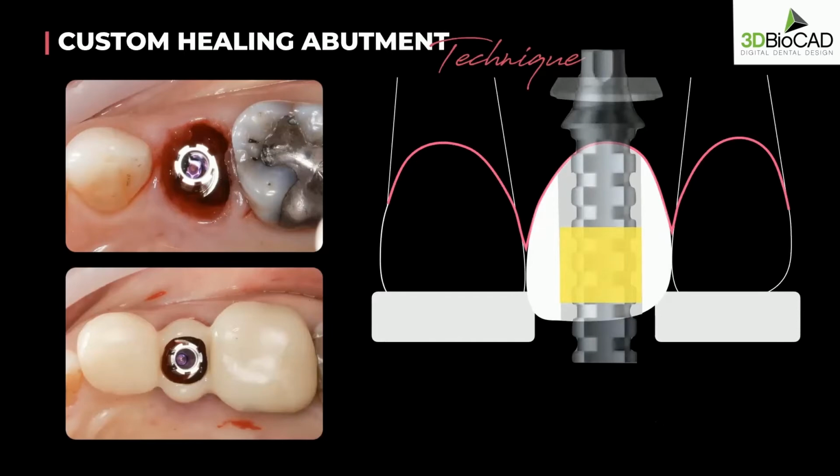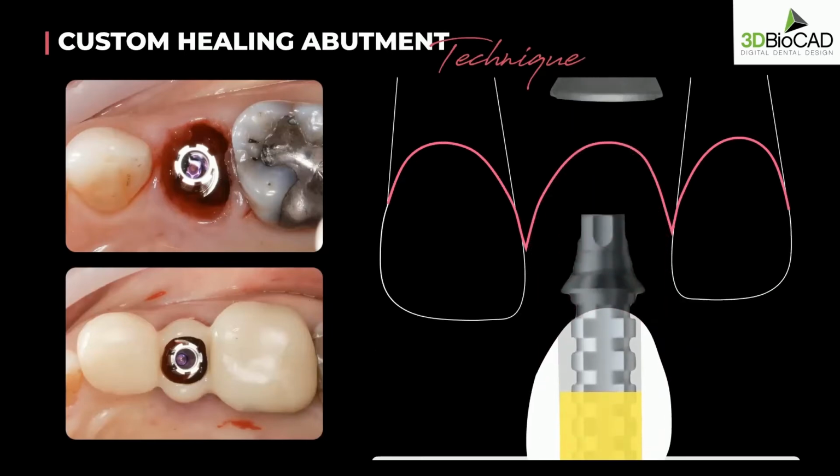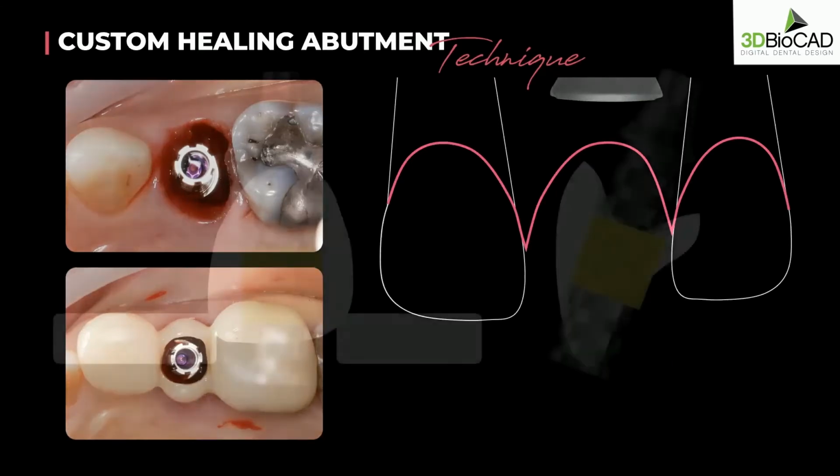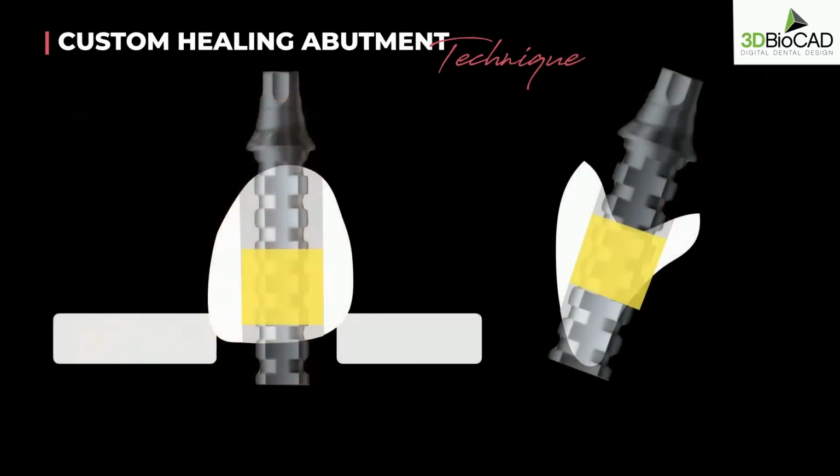And then we remove it from the mouth. Outside the mouth, we basically do the same thing as the immediate temporary crown. We fill in the voids, the emergence profile region, with flowable composite. At this stage, you can use pink flowable composite.